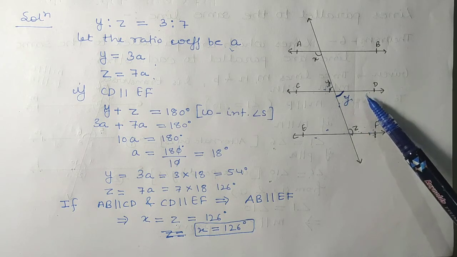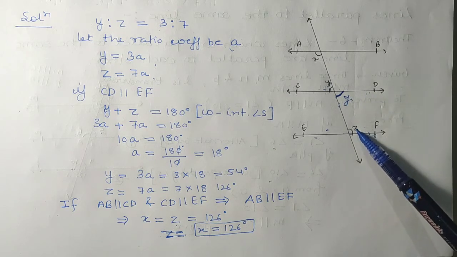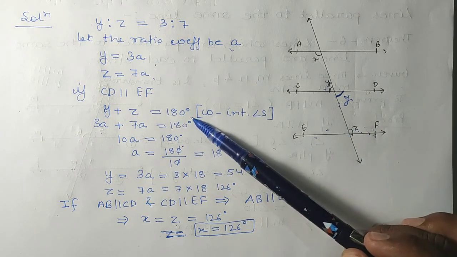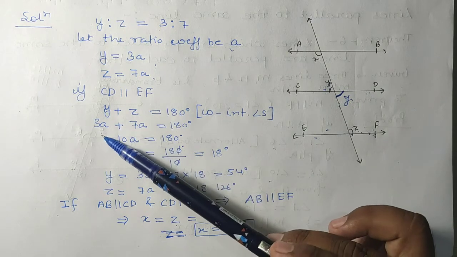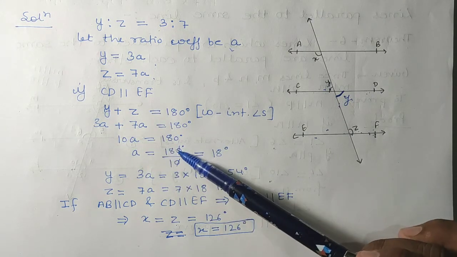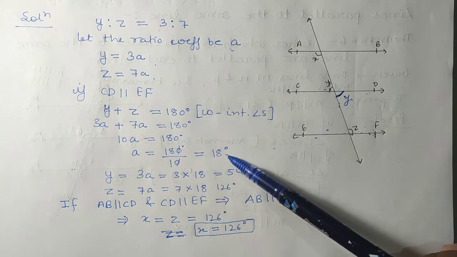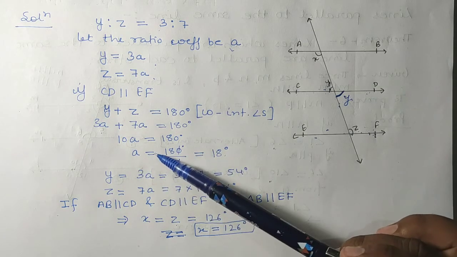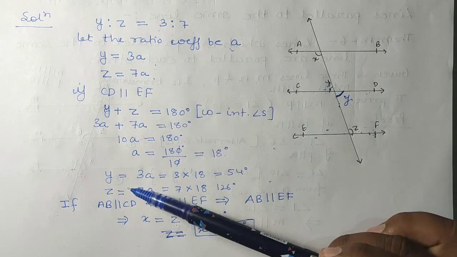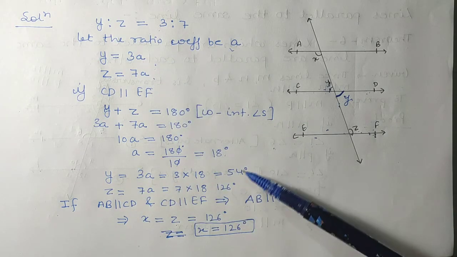Now if CD is parallel to EF, then Y plus Z are co-interior angles, and co-interior angles means their sum will be 180 degrees. Now the value of Y is 3A and the value of Z is 7A. 3A plus 7A is 10A. 10A is equal to 180, so A is equal to 18. Now if A is equal to 18, we can put the value of A and get the values of Y and Z.